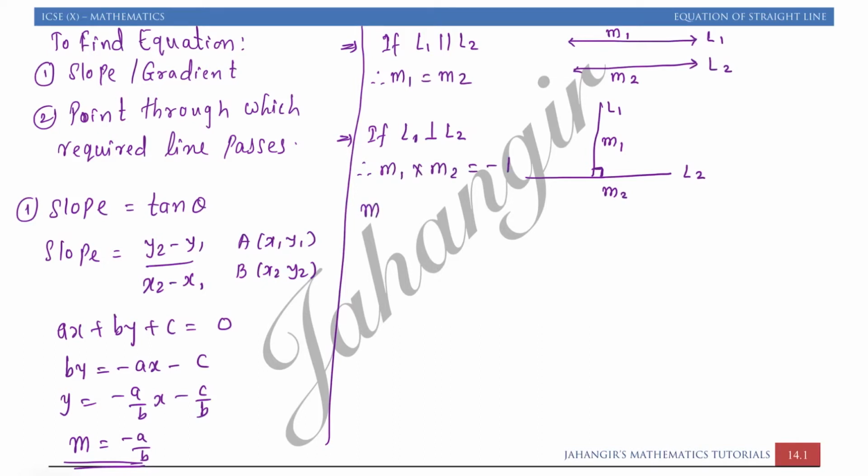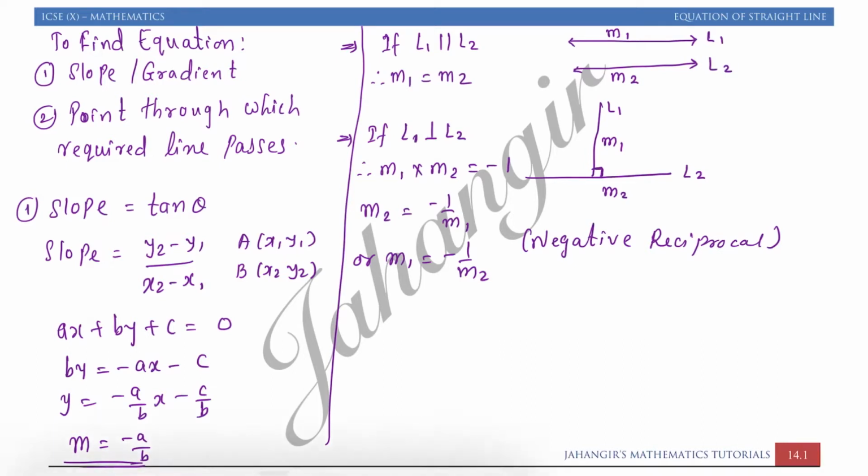So we can say M2 is equal to minus 1 upon M1, or M1 is equal to minus 1 upon M2. It is the negative reciprocal. You have to always do the negative reciprocal. Each of the slopes is the negative reciprocal of the other.